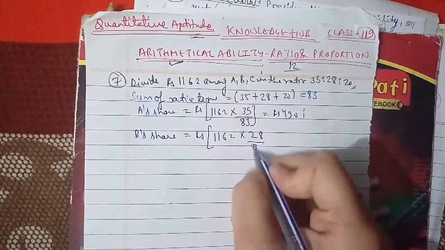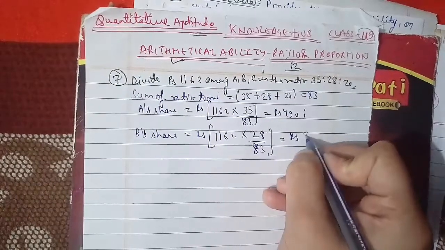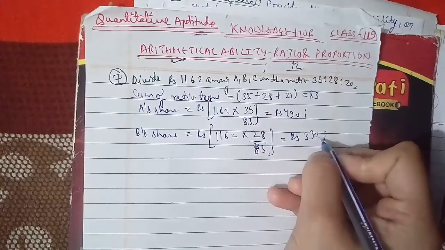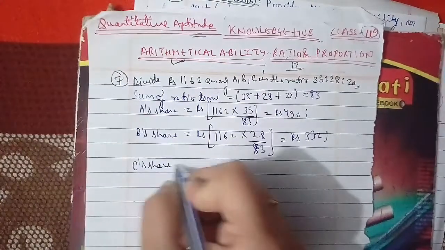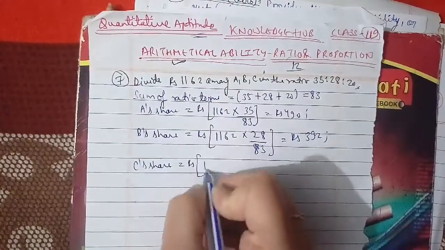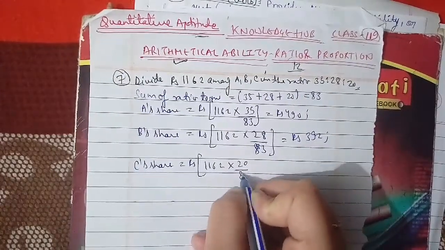Coming towards C's share, it equals rupees 1162 into 20 upon 83, which equals rupees 280. That we get as the answer.